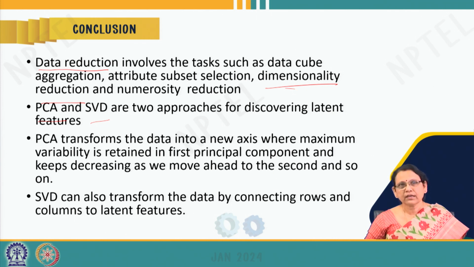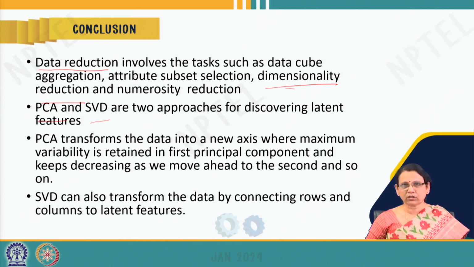Through PCA we can transform the data to a new axis where the maximum variability is retained in the first principal component, and the second component decreases a bit, and so on. Therefore, by keeping the first few principal components we can retain maximum variability. So, the data which was originally, let us say, in D dimension can now be represented in P dimension, where P is less than D.